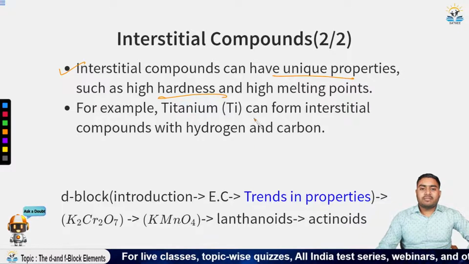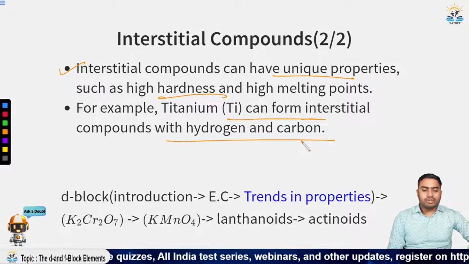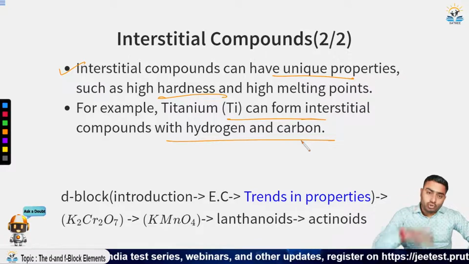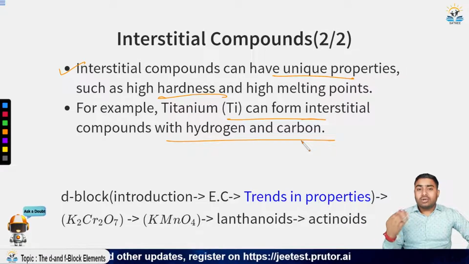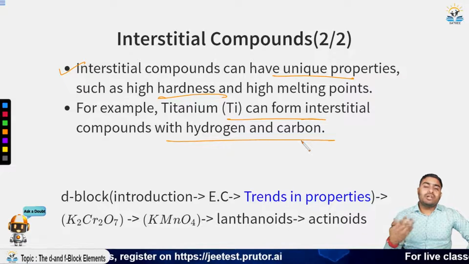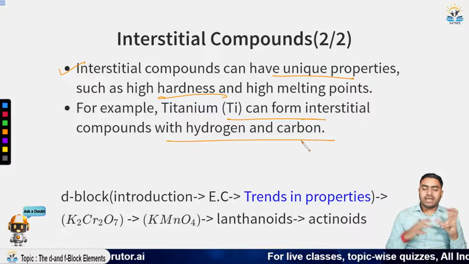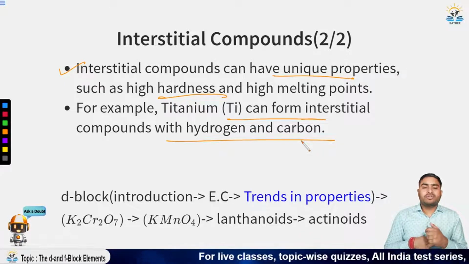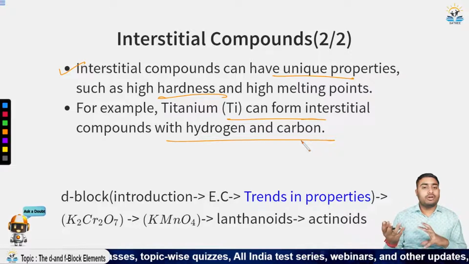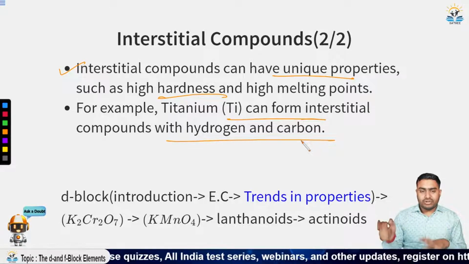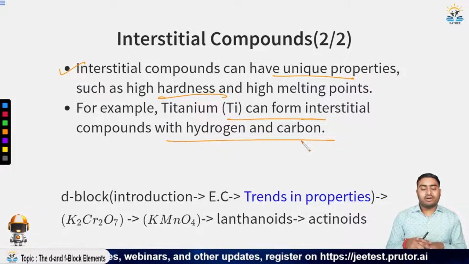Like titanium can form interstitial compounds with hydrogen and carbon. We use these types of interstitial compounds to increase the efficiency of that particular element. If any metal lattice is not very hard and has a low melting point, and we want to use that metal in any field, we need a hard material of that element.